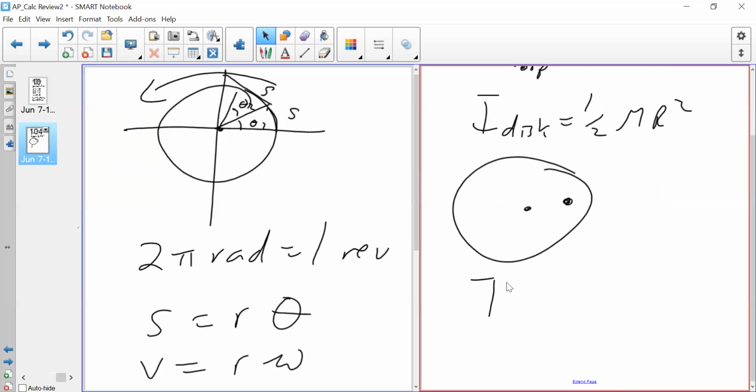So the moment of inertia is going to be the original, they usually say I_CM. You always want to start things off with an easy reference point.